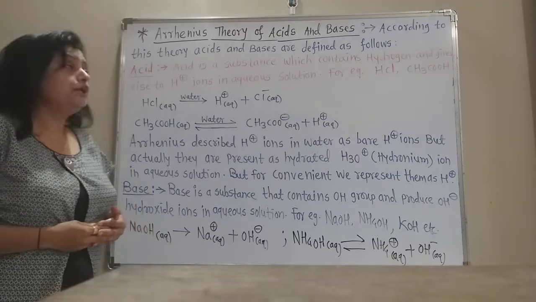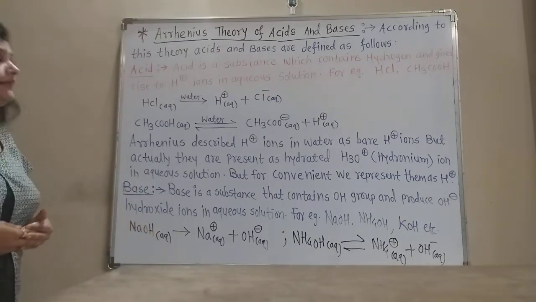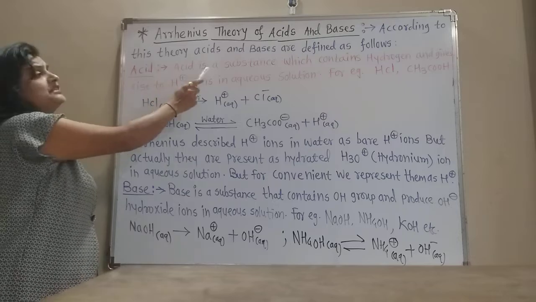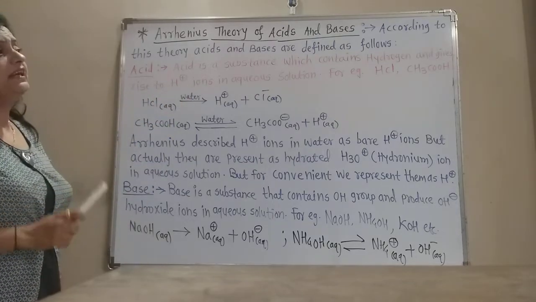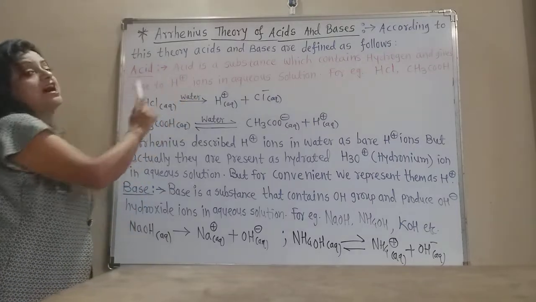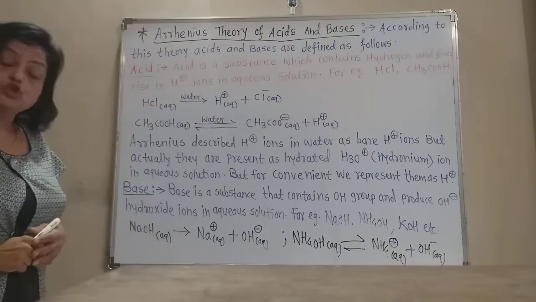So according to the Arrhenius theory, acids and bases are defined as follows. Now an acid is a substance which contains hydrogen and gives rise to H plus ions in aqueous solution.